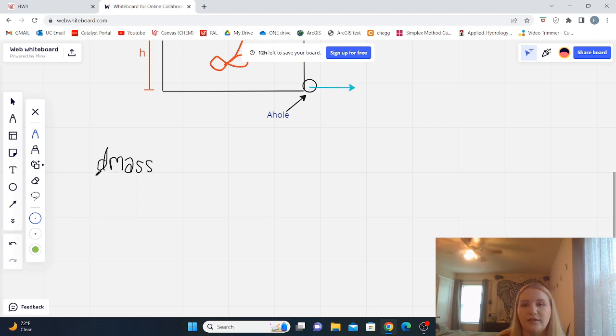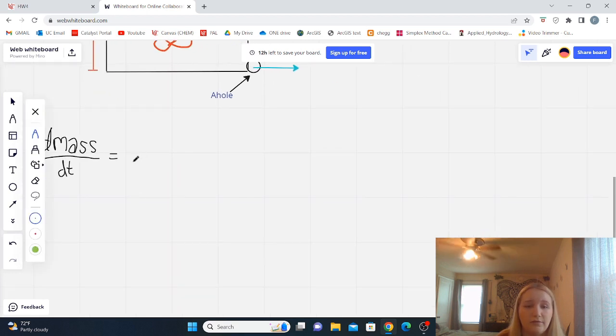This can represent the overall mass of our system, over dt. Basically, we're going to set this equal to the mass flow rate going into our system minus the mass flow rate going out of our system.